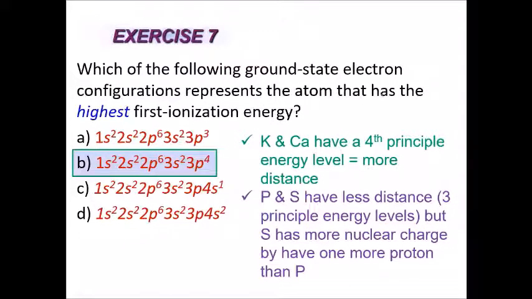So that's why potassium and calcium, because of that 4th energy level, are not within contention. Phosphorus and sulfur have the less distance. They have the 3rd energy level, but sulfur has more nuclear charge because it has one more proton. So that is why I would select B, and that would be the correct answer. Sulfur would be the highest.